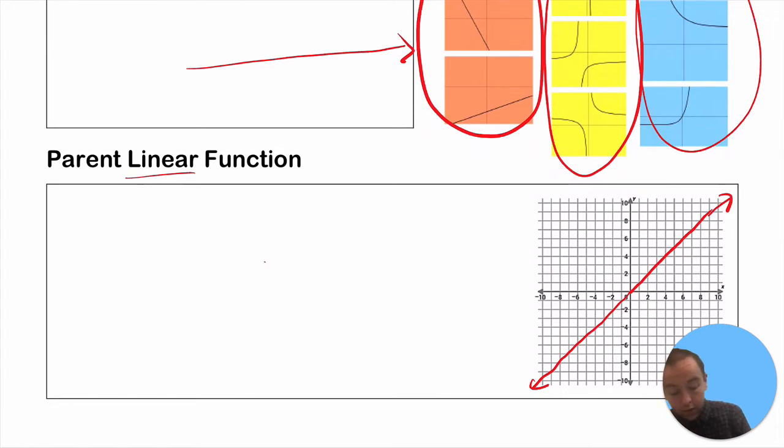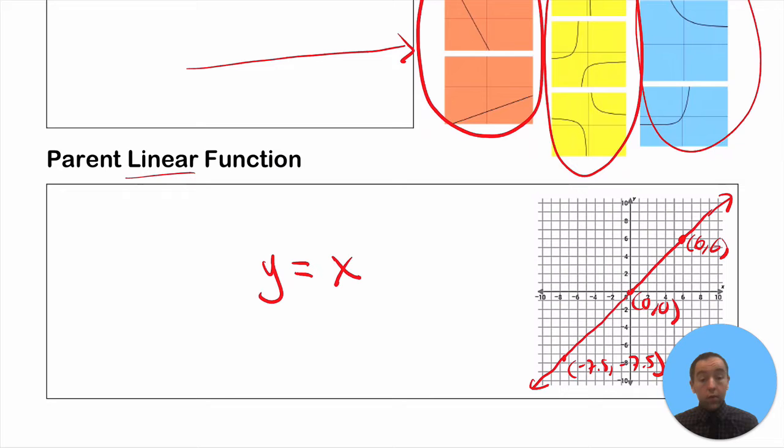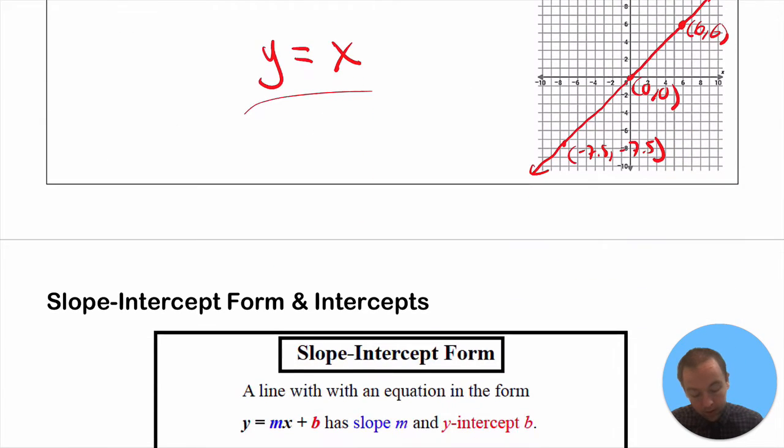It has the equation where all of the y values are equal to the x values, and you can see that is definitely true because you have 6, 6 right there, or down here you have negative 7.5, negative 7.5, or 0, 0. All of the x values and the y values are the same. So that is the parent linear function that we have for lines.